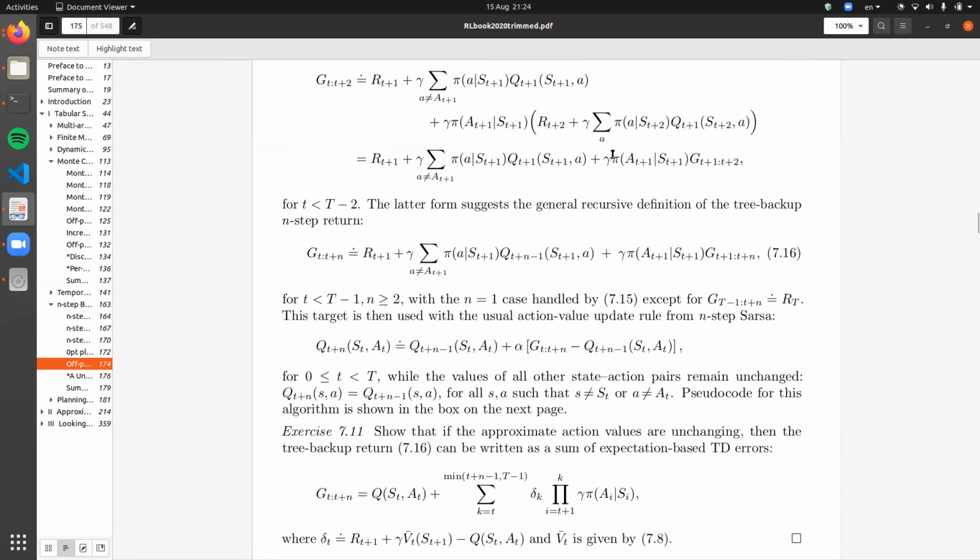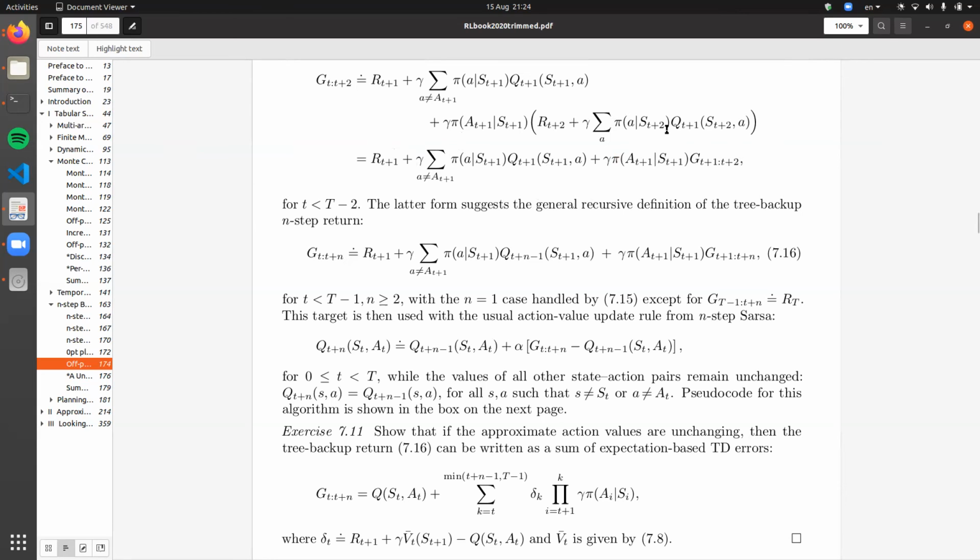Okay, and the weighting by probability makes sense because in that case the expectation isn't changed, right?